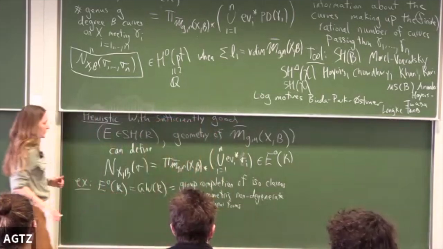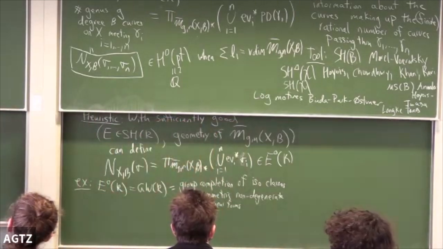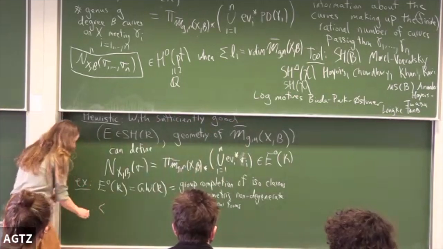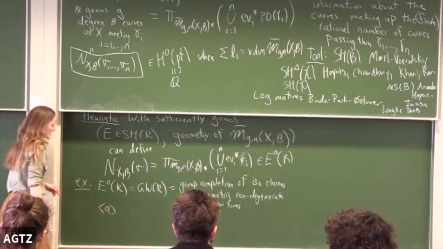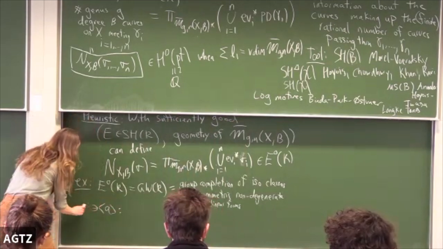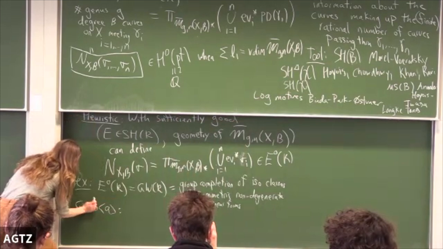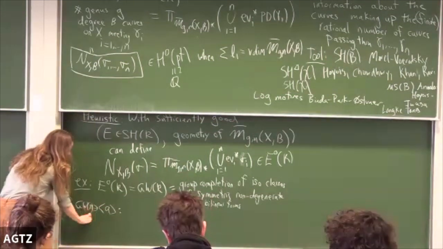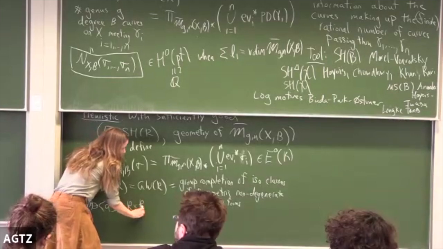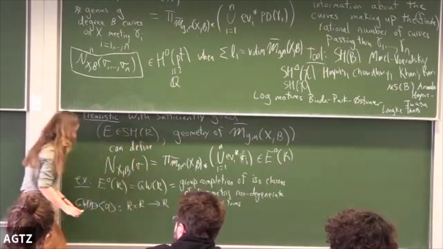And our answers are going to be very computable. There'll be little numbers and brackets instead of little numbers. And so the notation is that ⟨a⟩ denotes the class in the Grothendieck-Witt group of the one-dimensional bilinear form from K × K to K.